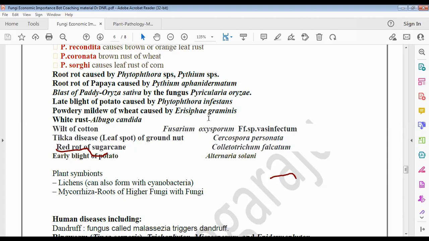Okay. Mycosphaerella is the perfect stage of Cercospora. Emericella is the perfect stage of Aspergillus. Talaromyces is the perfect stage of Penicillium. I told you yesterday. Wilt of cotton is caused by Fusarium.